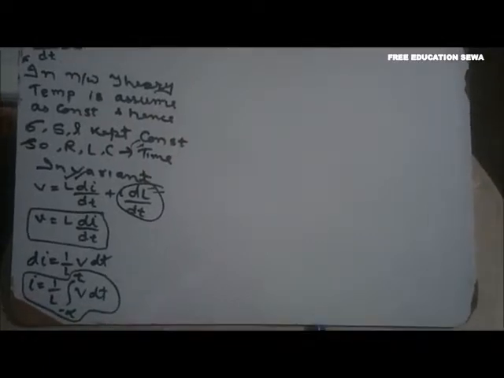We can take di equals 1 by L V dt. Now we can find the value of i by integrating V dt from minus infinity to t. Why have we taken t? Because t is the present time.